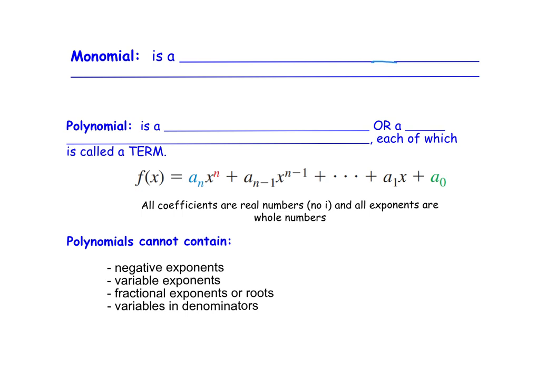So to begin, let's just describe what a monomial and a polynomial are, because monomials actually make up polynomials. So a monomial is a number, a variable, or a product. And remember, product means multiplication. So, or a product of a number and variable.